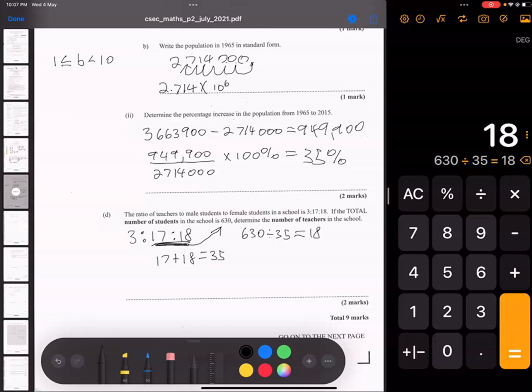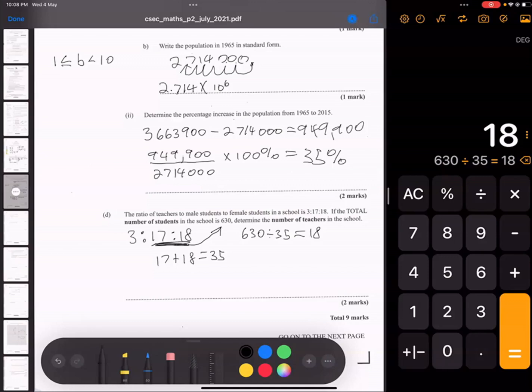All right, so this number 18 is the number we should multiply our ratio by to find the teachers.